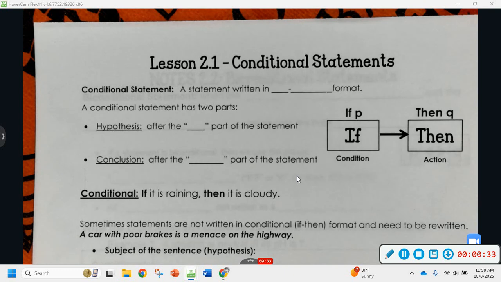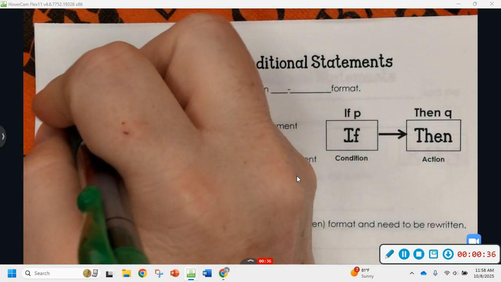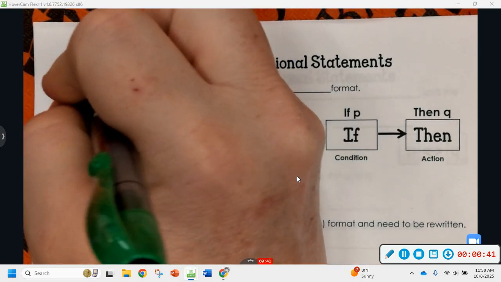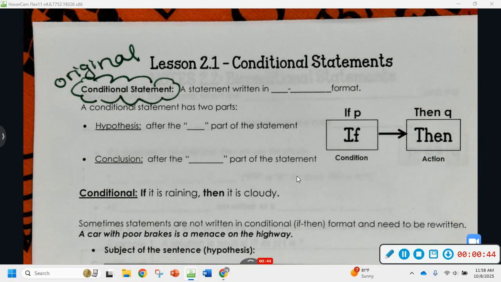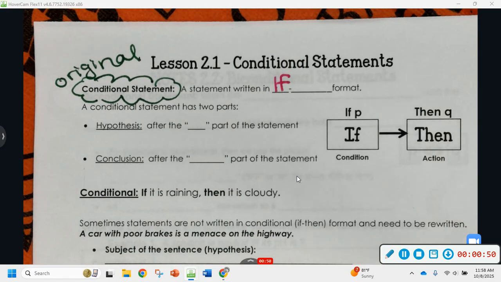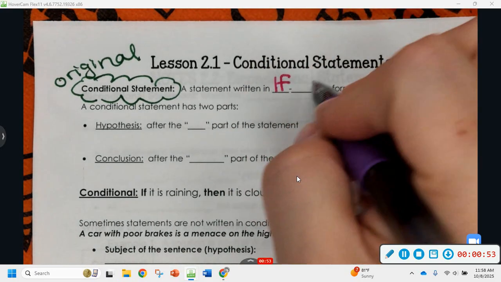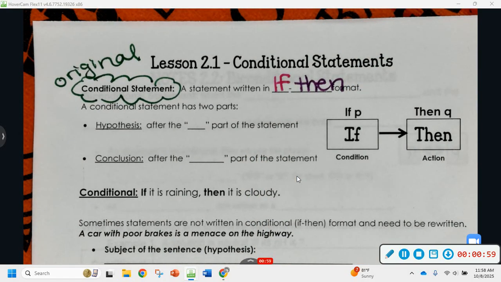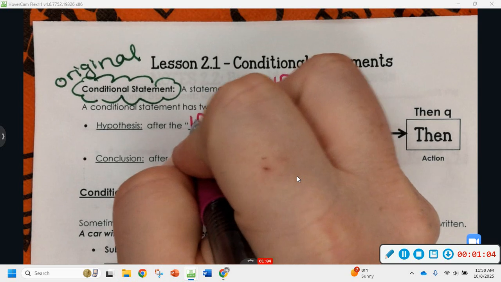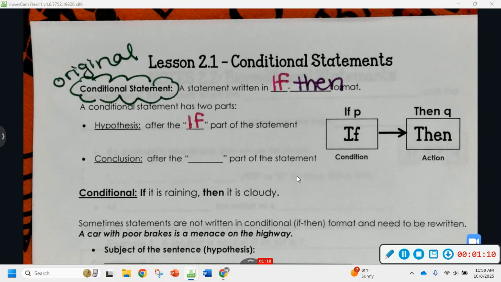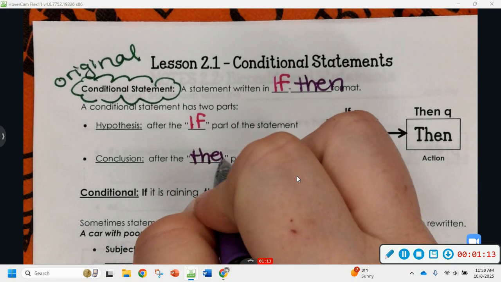So, conditional statements, we're going to refer to the conditional statement as your original statement. And conditional statements are written in an if-then format. So, if this happens, then something else is going to happen. So your hypothesis is considered the part after the word if, and then your conclusion is the part after the word then.